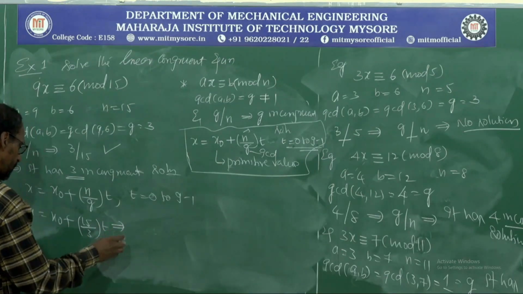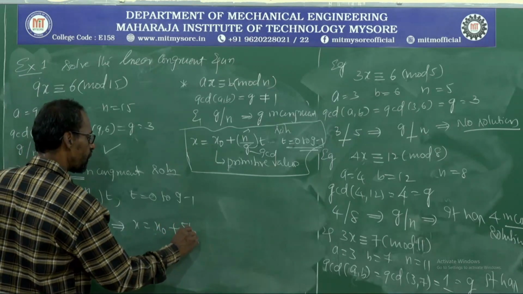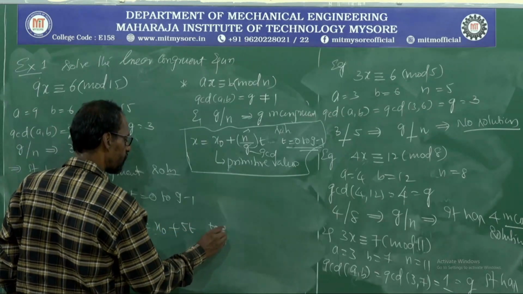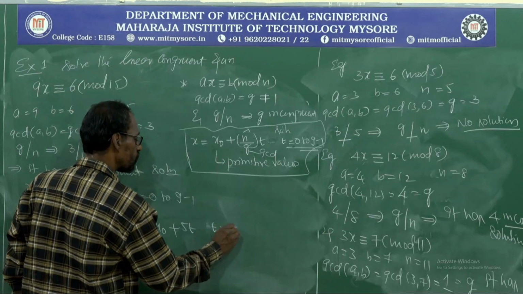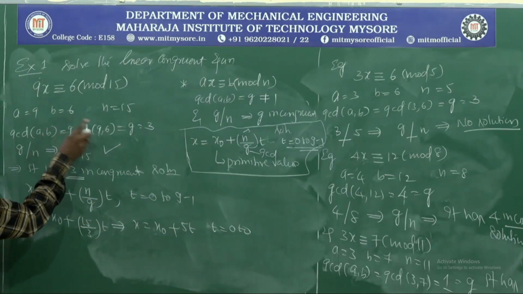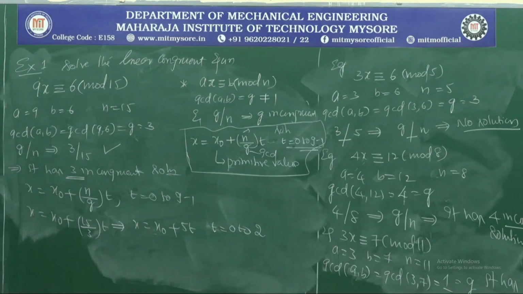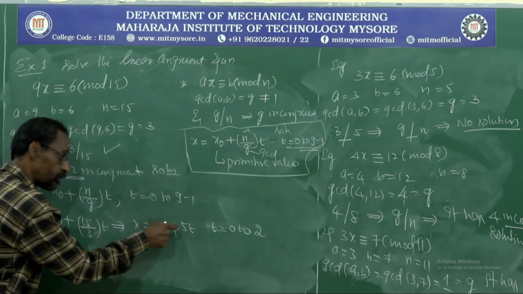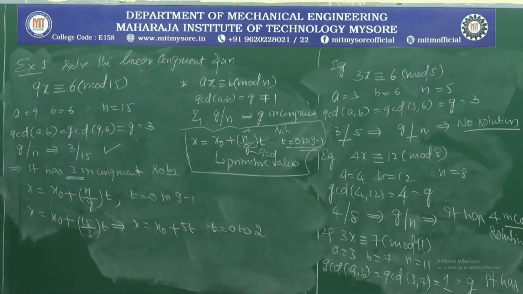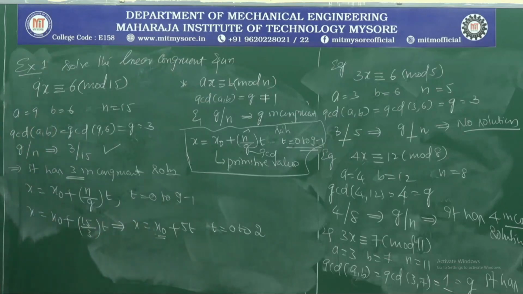On simplification, we can write x is equal to x naught plus 5t, where t runs from 0 to g minus 1. The g value is 3, so 3 minus 1. Take t equal to 0, t equal to 1, t equal to 2 and substitute here. I am going to get 3 incongruent solutions. The only hidden component is how to get the x naught.